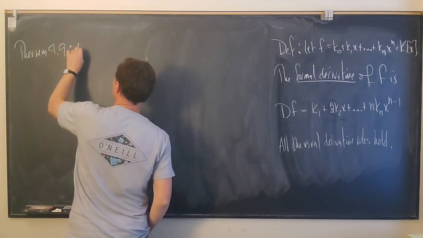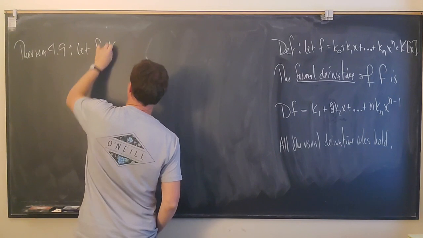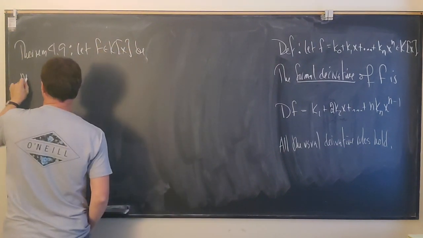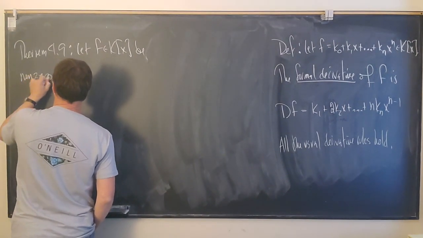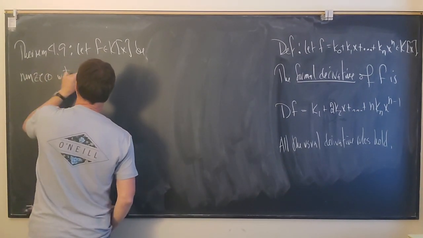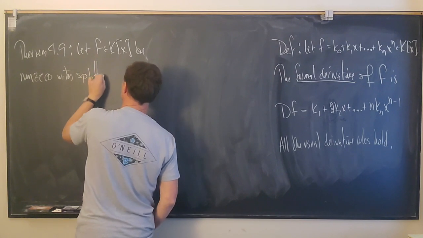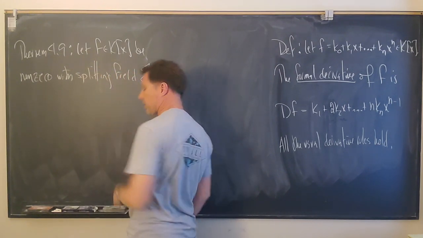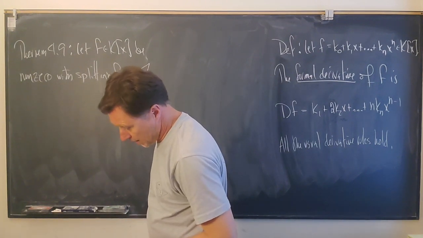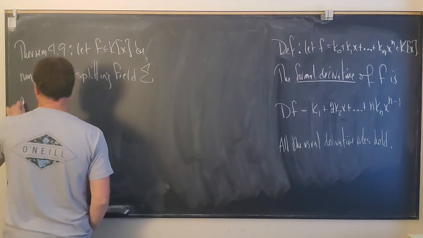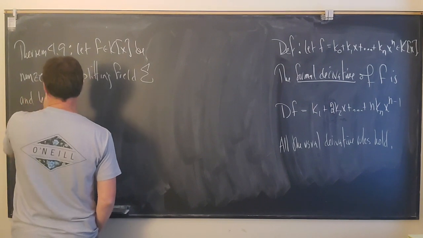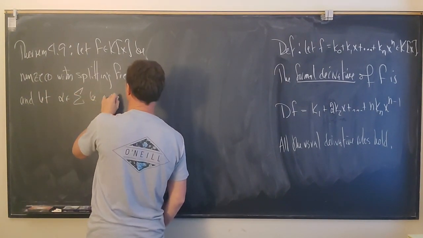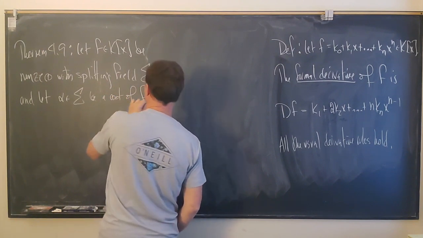Let f in k[x] be a non-zero polynomial with splitting field sigma, and let alpha in sigma be a root of f.